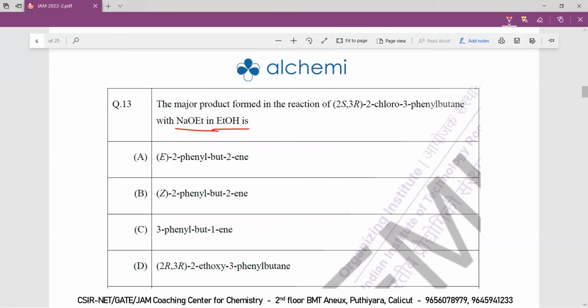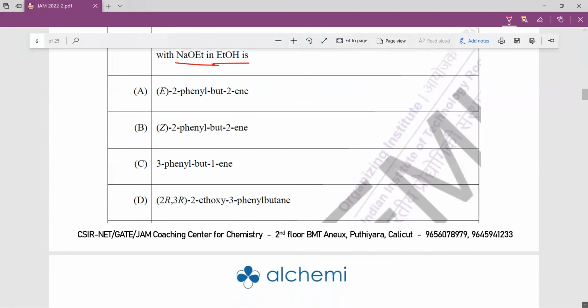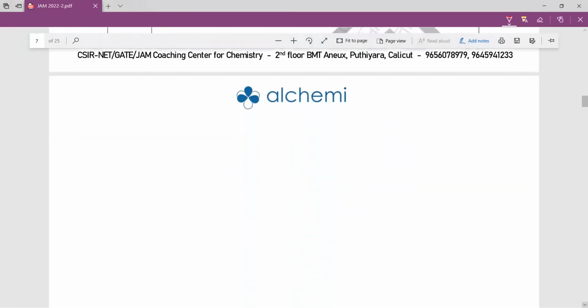So 2-chloro-3-phenylbutane, that is what we are going to use. The butane will be like this. These are the possibilities.